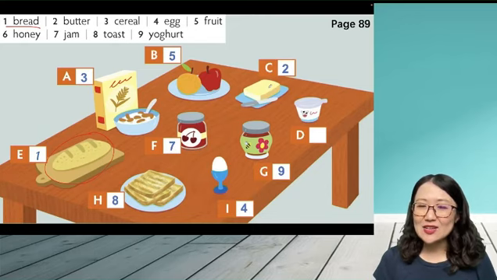And let's take a look at the next one, yogurt. Yogurt. So which one is yogurt? That's right, it's picture D, yogurt.